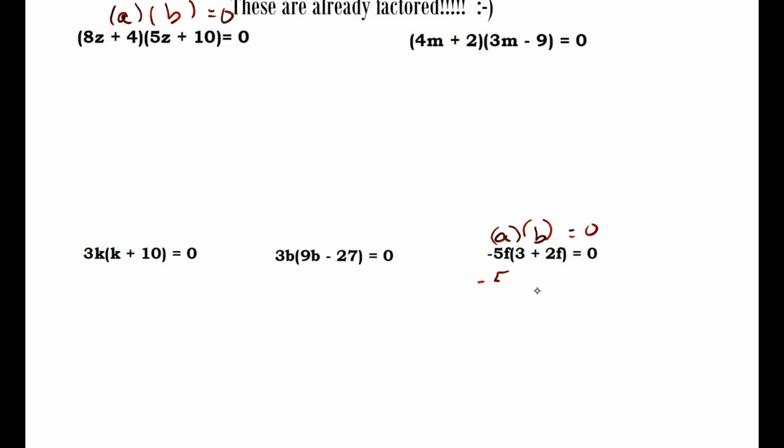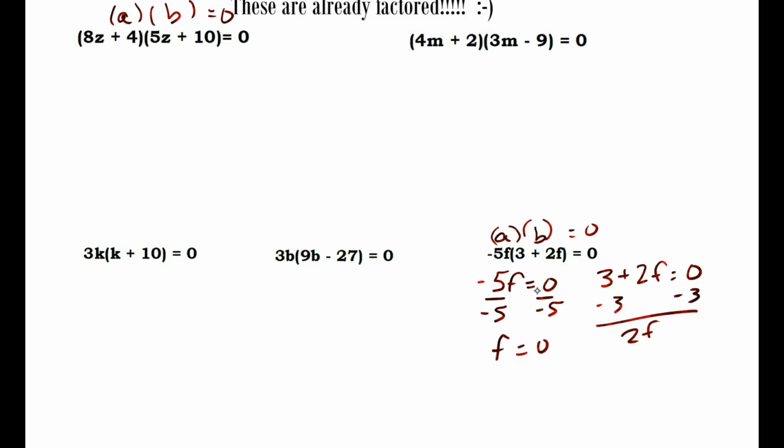A either has to be 0, which is the first equation, or B has to be 0, which is the second equation. All right, so we go through and we solve. Divide by -5 on both sides, we get F to be 0. We subtract 3, and we get 2F is equal to -3. Divide by 2, divide by 2. F is equal to -3/2.